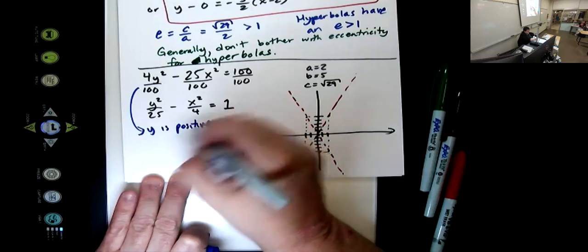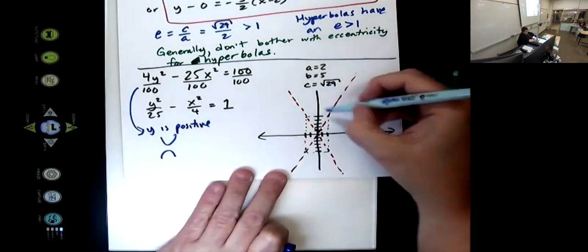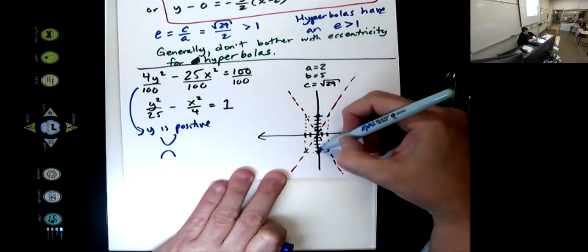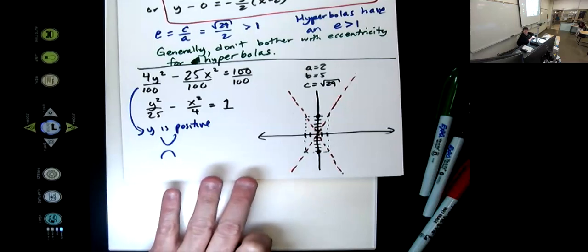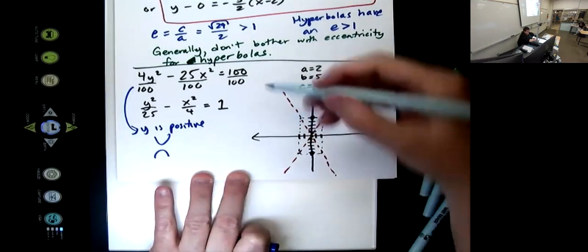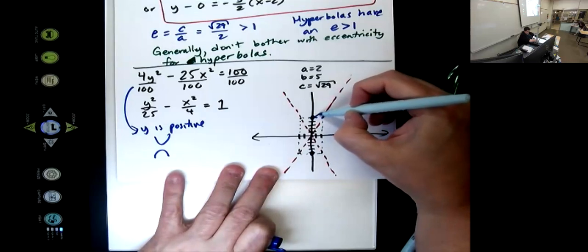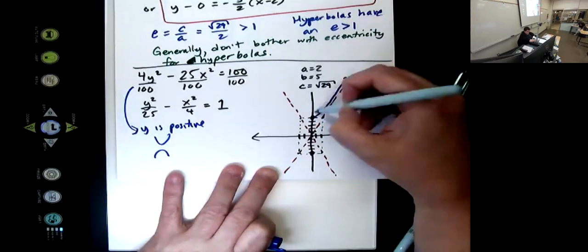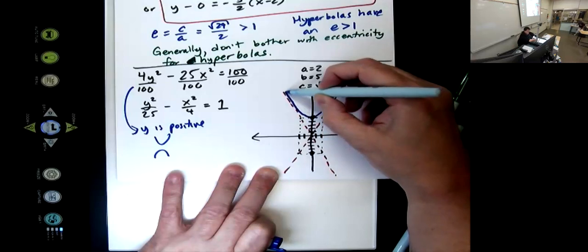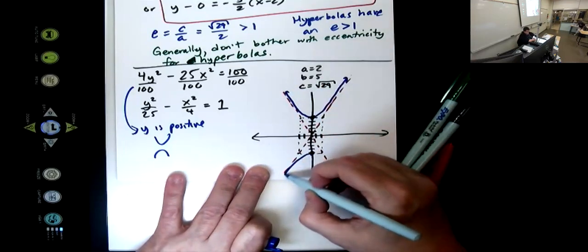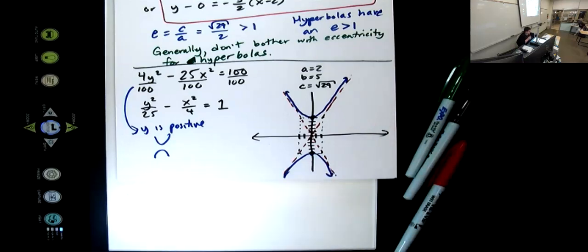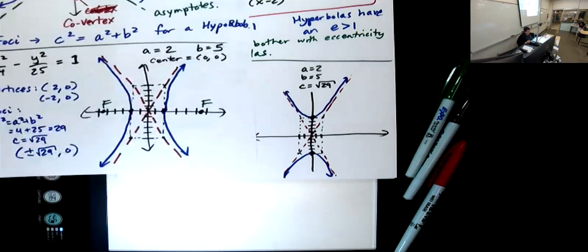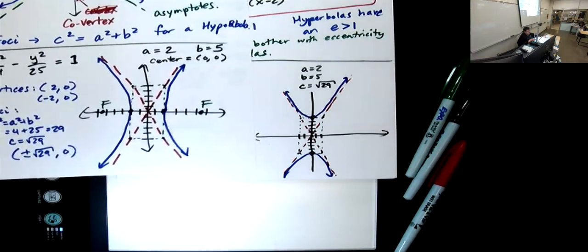So it's going to be like this. So our vertices are along the y-axis now. And they go towards the asymptotes. And so whereas this made really wide dishes, this is really narrow.